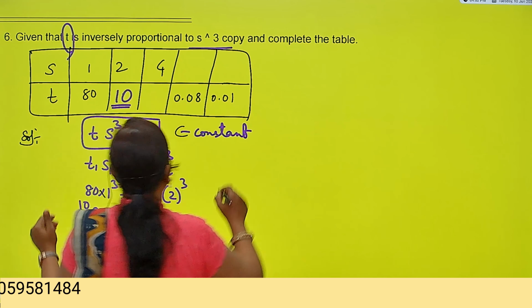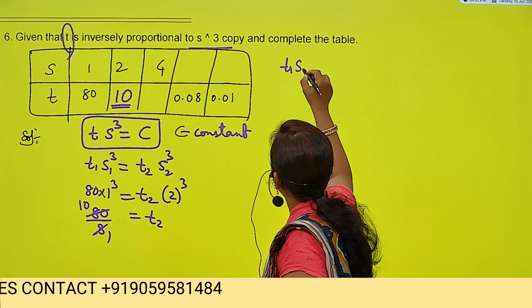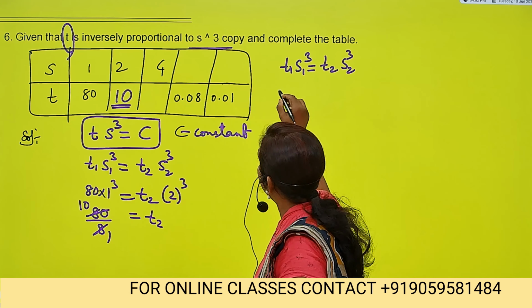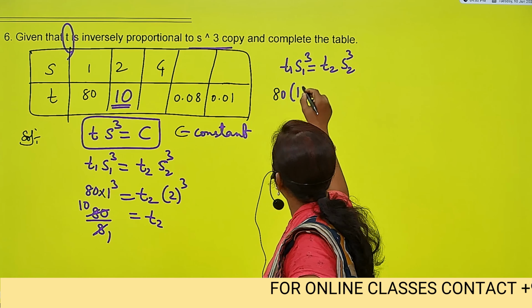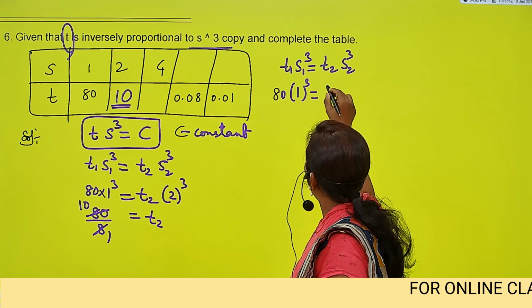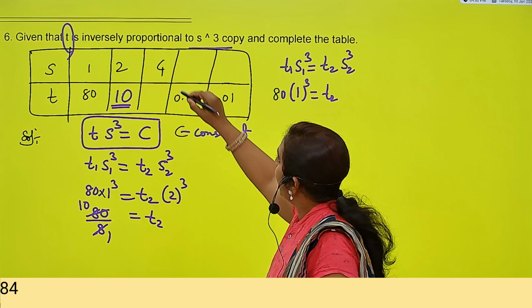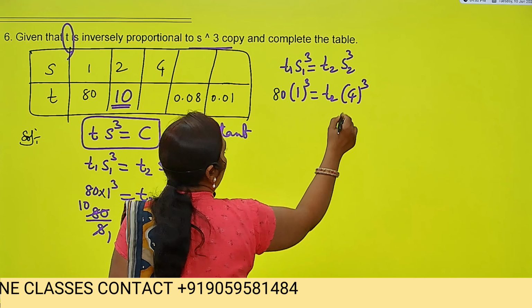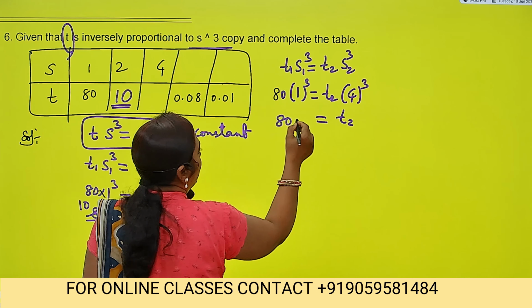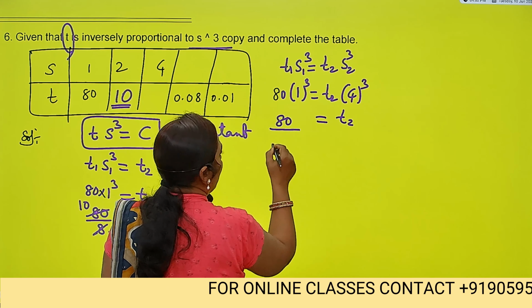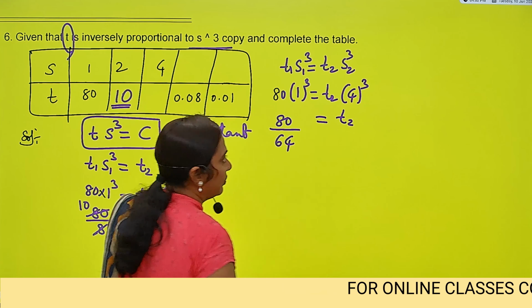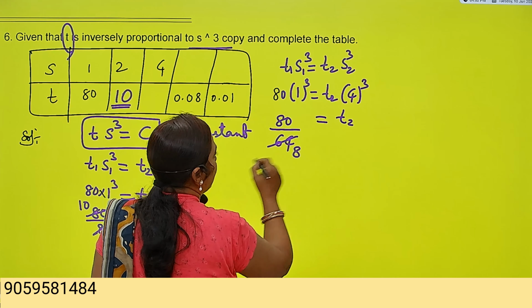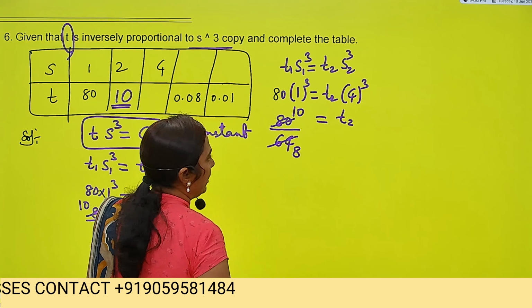Then again we take T1 S1 cube equals T2 S2 cube. Here T1 is 80, S1 is 1 cube, equal to T2 which we don't know, and S2 cube is 4 cube. Here T2 equals 80, 1 cube is 1 only, 80 ones are 80, and 4 cube is 64. 4 fours are 16, 16 fours are 64. 8 eights are 64, 8 tens are 80.